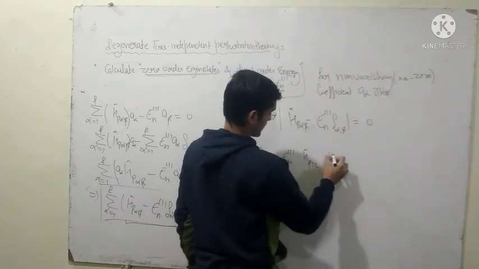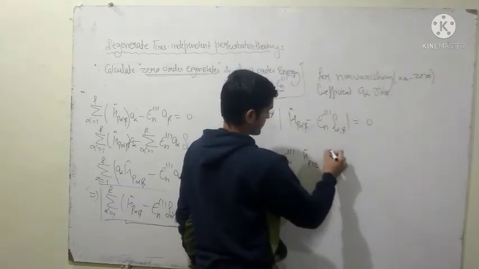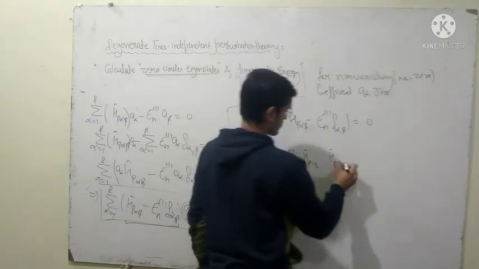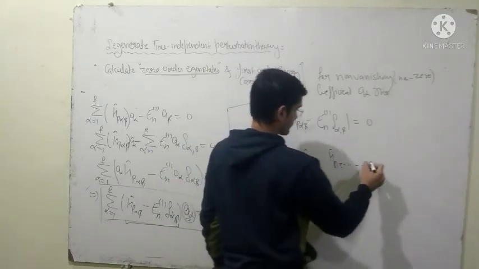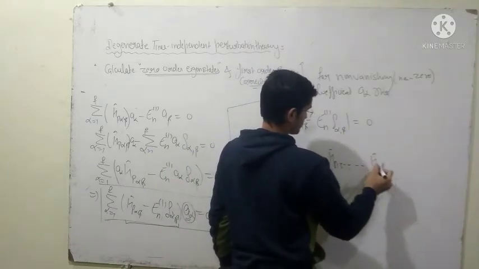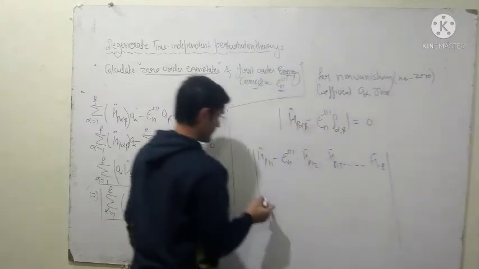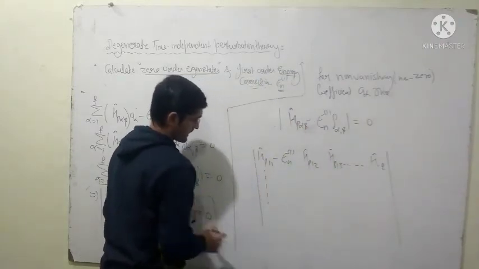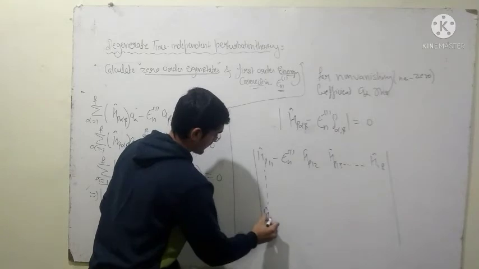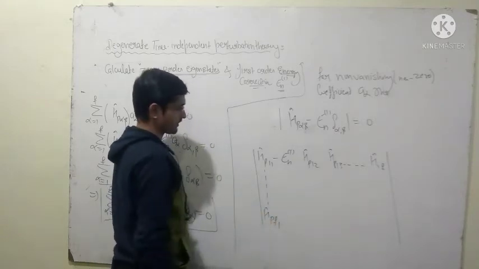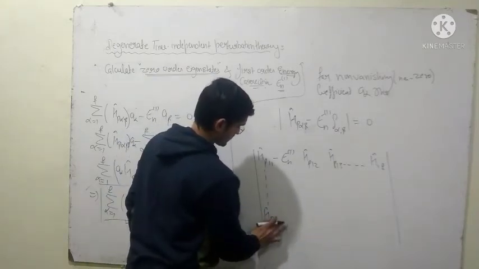The third term again it will be HP13, and this term will be 0, and so on up to HP1f. Again the last one will be HPf1 minus 0, right?